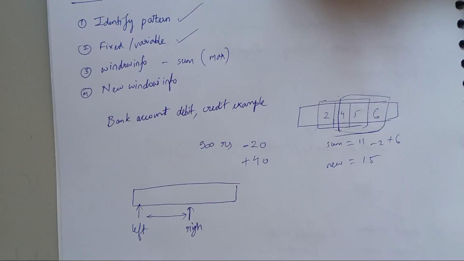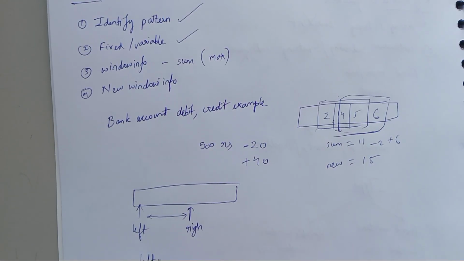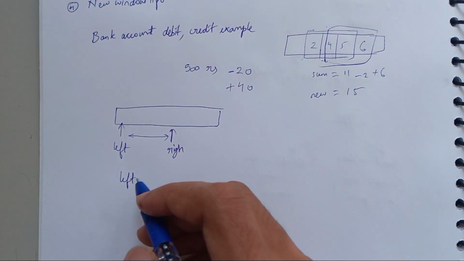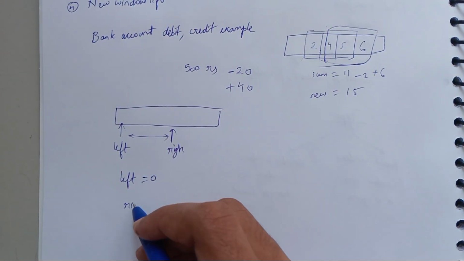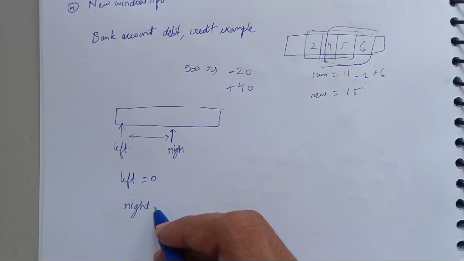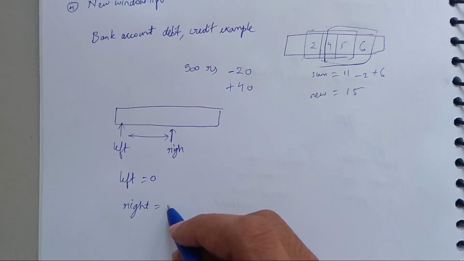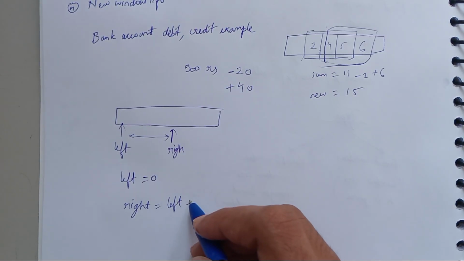So let us initialize this. Left is equal to 0, right is equal to left plus k.